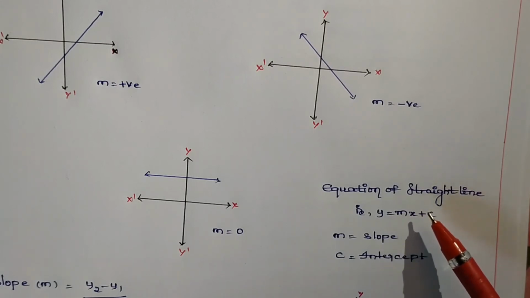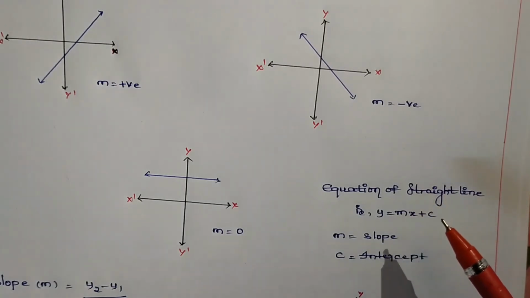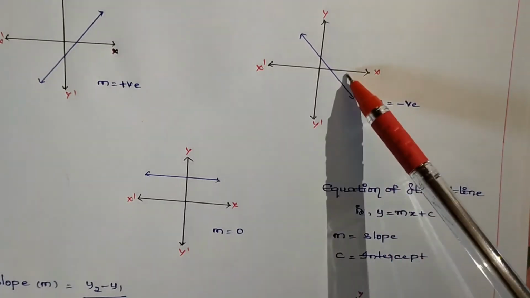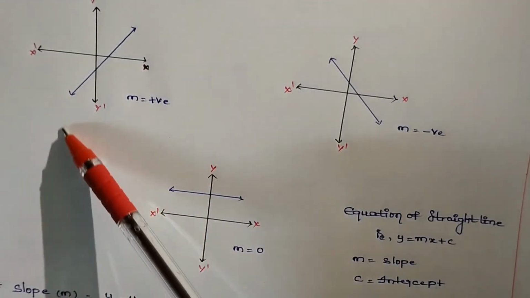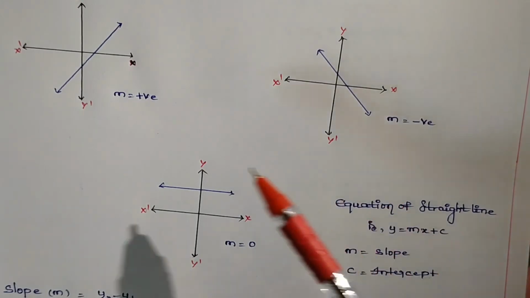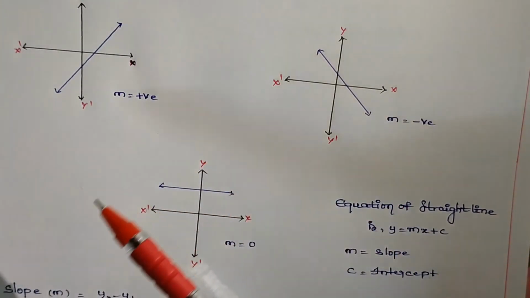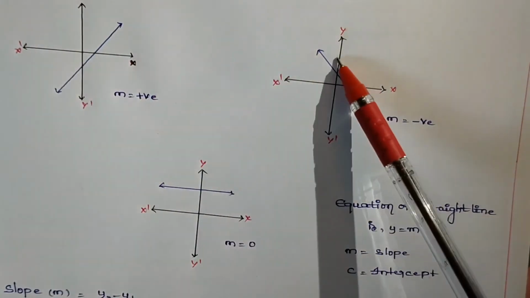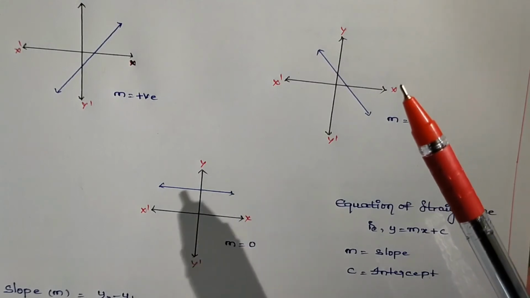Slope of a line or gradient of a line is a number that describes both the direction and steepness of that line.